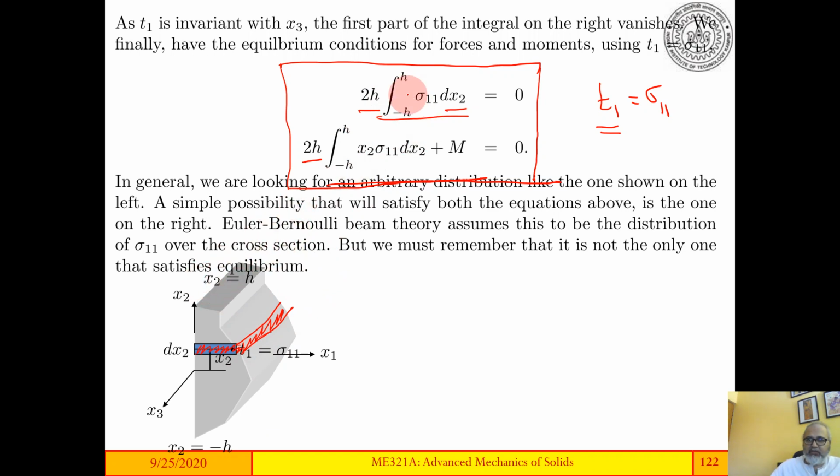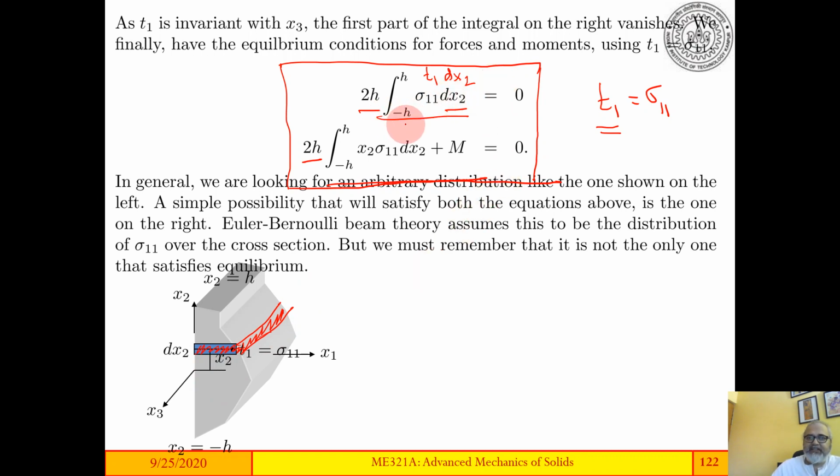So T1 dx2 into 2h is T1 times this area, and so dx2 into 2h is this area, and that gives you the total force, and the integral here gives you the total force that is acting on this 2h by 2h cross section of the beam.